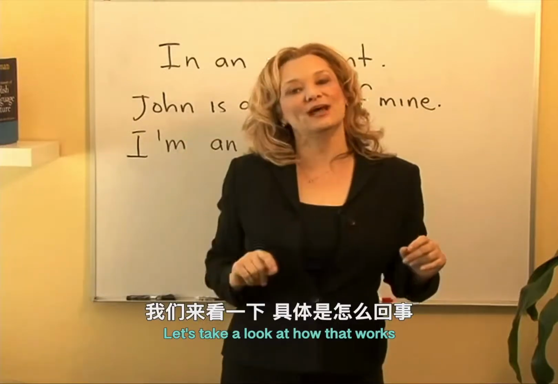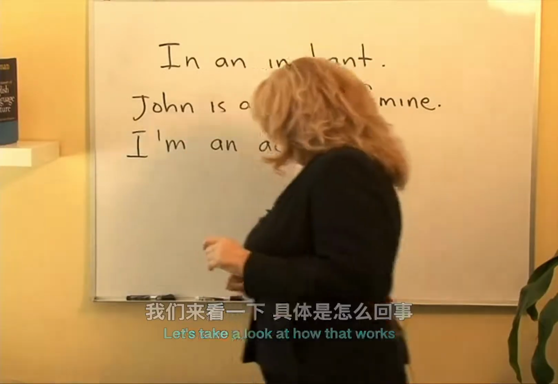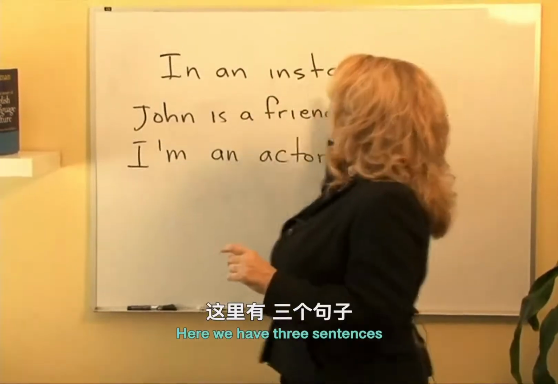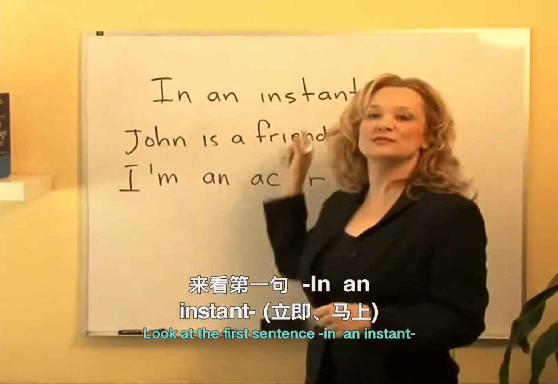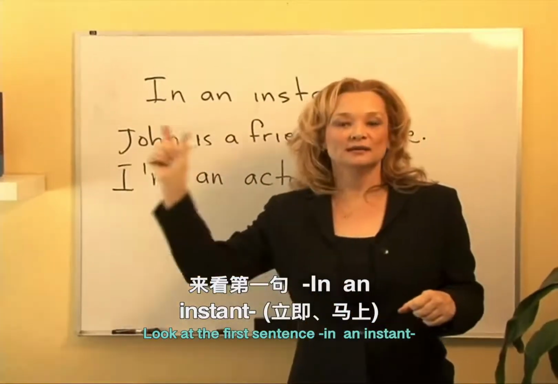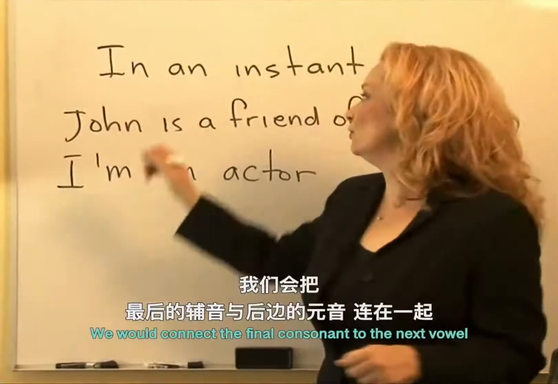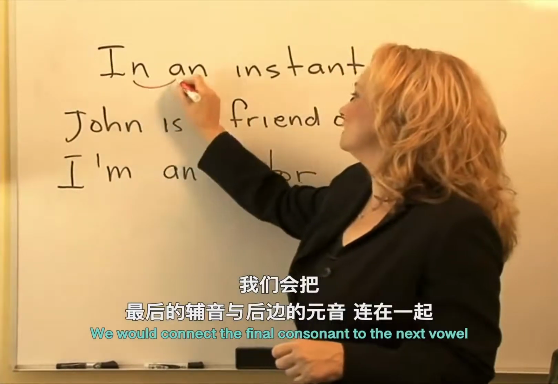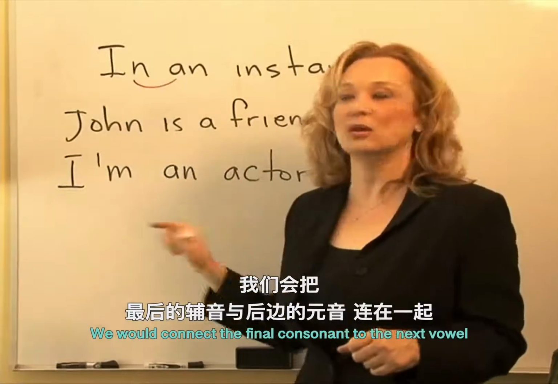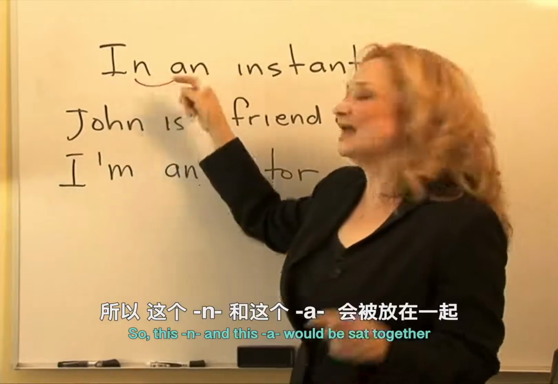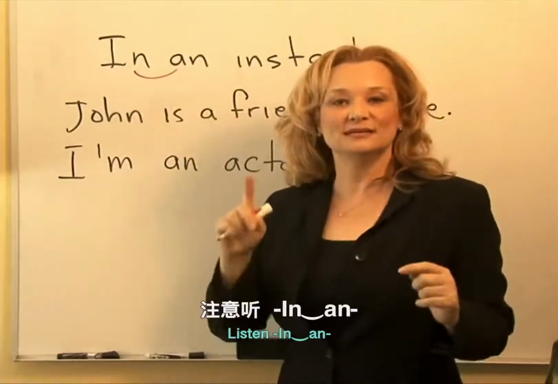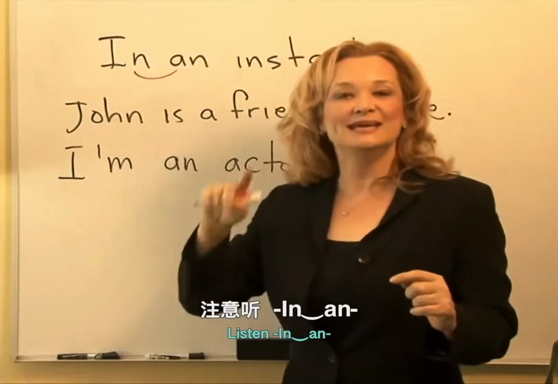Let's take a look at how that works. Here we have three sentences. Look at the first sentence, in an instant. We wouldn't say in an instant. We would connect the final consonant to the next vowel. So this N and this A would be said together. Listen, in an, in an.